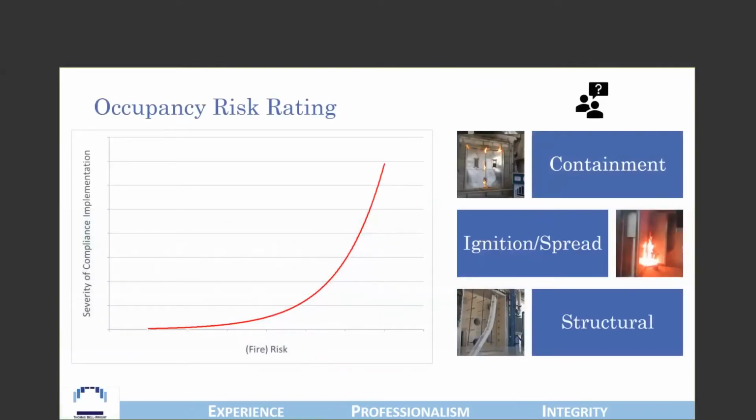A lot of you may understand that the fire risk varies across many different buildings or building types. Often a terminology of occupancy is used in codes to define what is the type of building or type of occupancy that can be very risky, whereas others could be less risky.